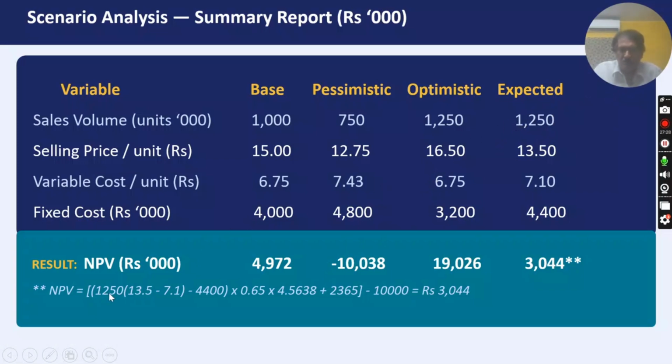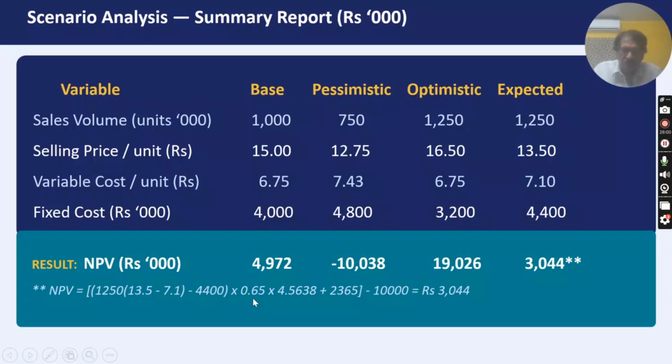In this case the sales volume is 1250. This is the revenue, selling price minus variable cost 7.1. This is the surplus for 1 unit, multiplied by 1250, minus this fixed cost, and this is the saving, multiplied by 0.65 to get the actual savings reduced, because 35% we have paid as tax.